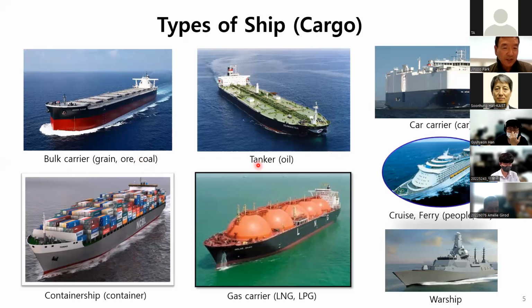If it carries oil, it's called a tanker. A container ship carries containers, and a gas carrier carries LNG or LPG. A car carrier carries automobiles. Cruise ships and ferries carry people and cars.